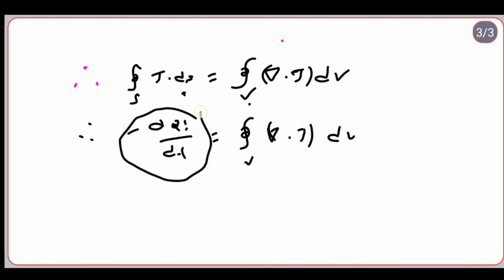But Qi is the volume integral rho v dv, where rho v is known as the volume charge density.